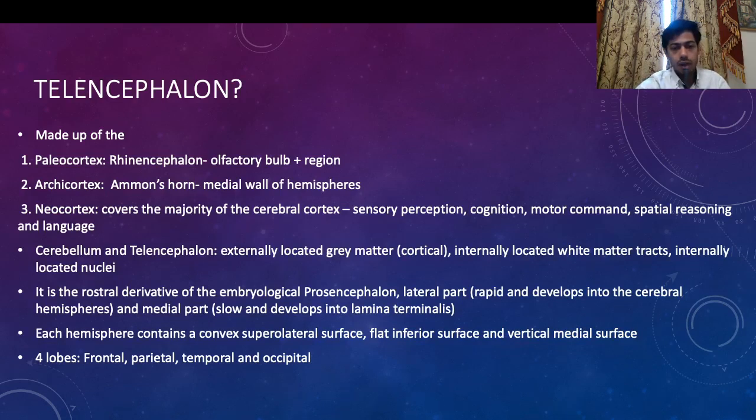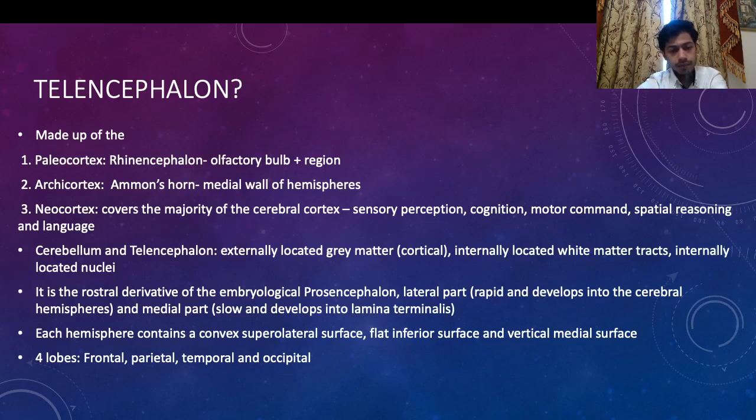So the neocortex, in terms of importance, is very, very important because it controls a lot of daily tasks and functions that we perform as humans. Hence when there are certain structural pathologies or damage, quite often it's the neocortex which is the most damaged.